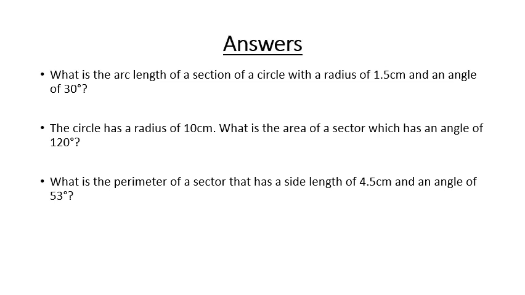First question says, what is the arc length of a section of circle with a radius of 1.5 centimeters and an angle of 30 degrees? Now remember, the arc length is actually theta over 360 multiplied by 2 pi r.